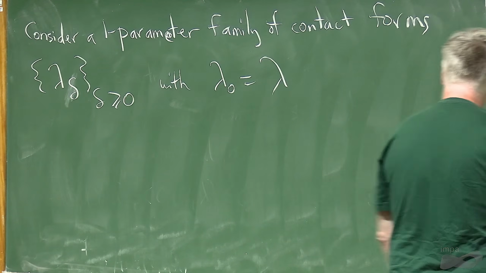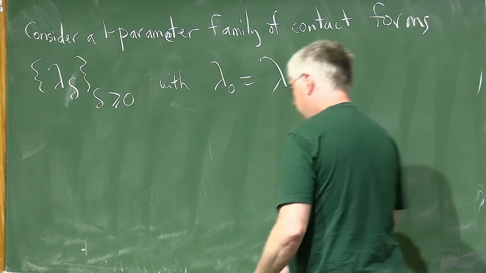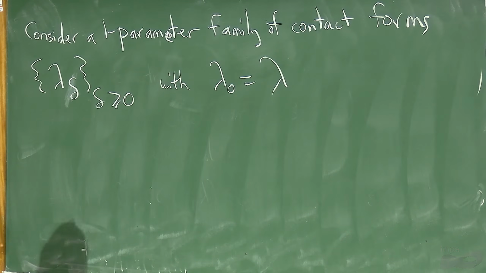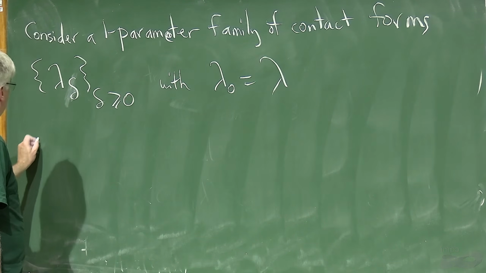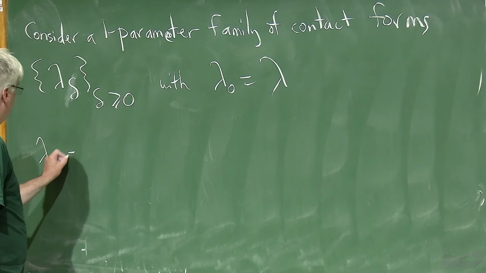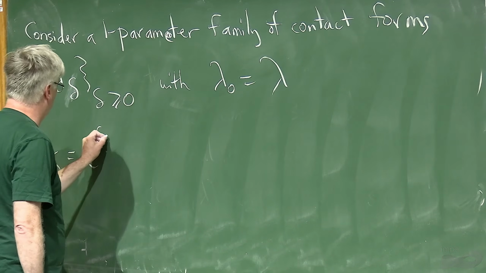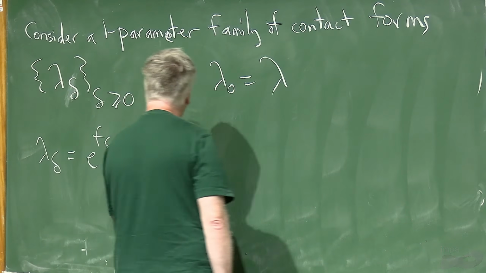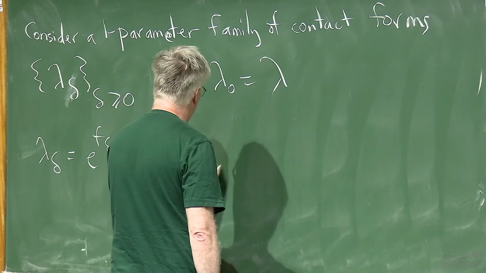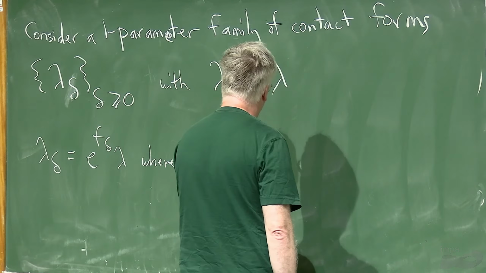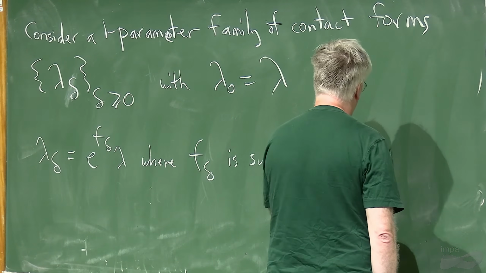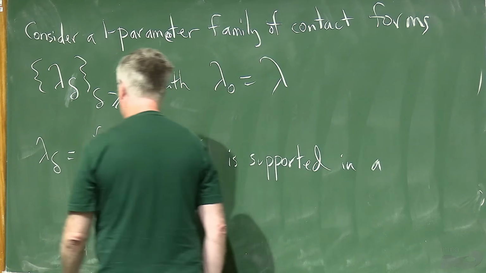What I'm going to do is increase the contact form near the surface. So lambda delta equals e to the f delta times lambda, where f delta is supported in the neighborhood of the surface.